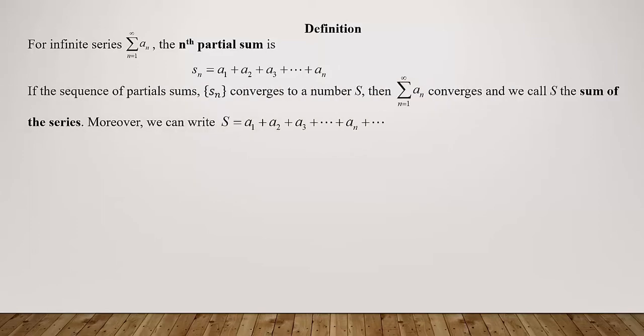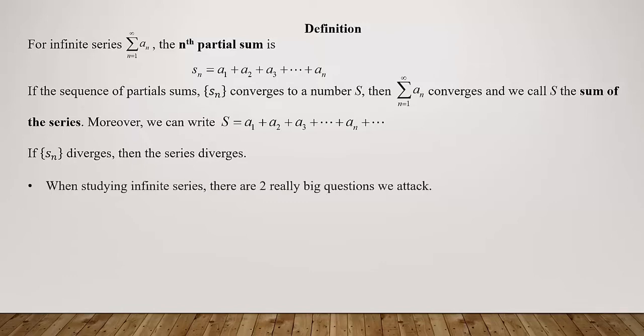If the sequence of partial sums, as I'm using the sequence notation, converges to a number s, then the series from n equals 1 to infinity of a sub n converges, and we're going to call s the sum of the series. Moreover, we can write s equals a sub 1 plus a sub 2 plus a sub 3 plus yada yada yada plus a sub n plus yada yada yada. We can write s equals the sum of the series. If the sequence of partial sums diverges, well, then the series diverges.